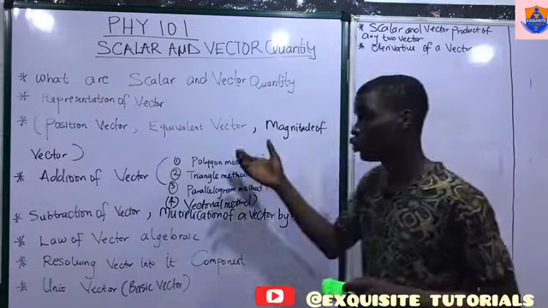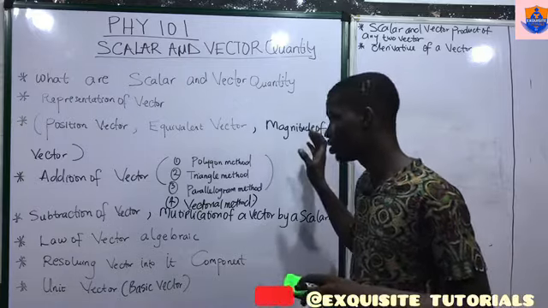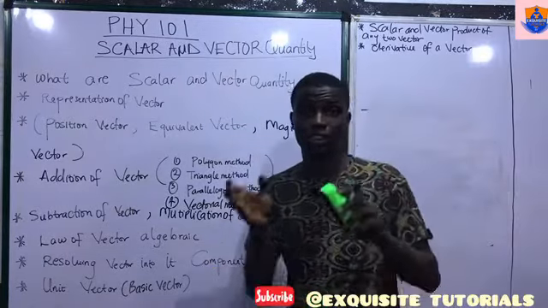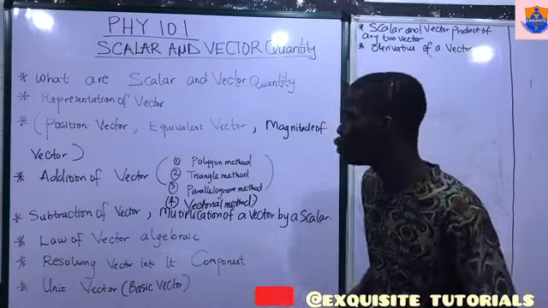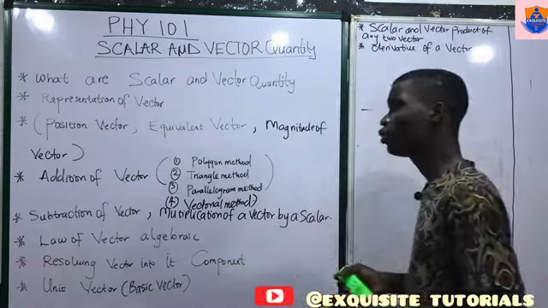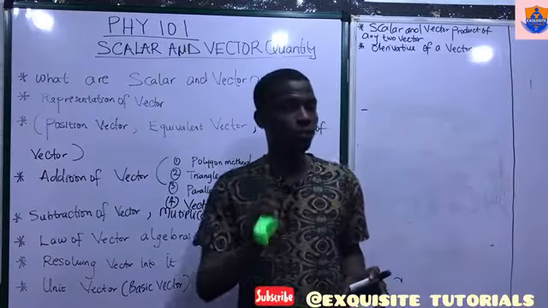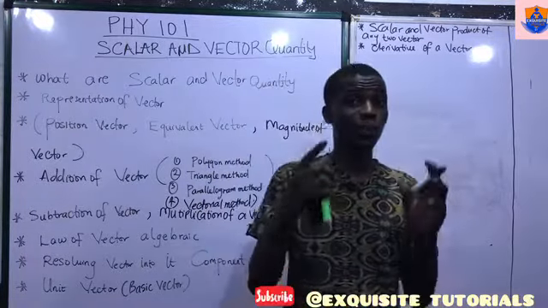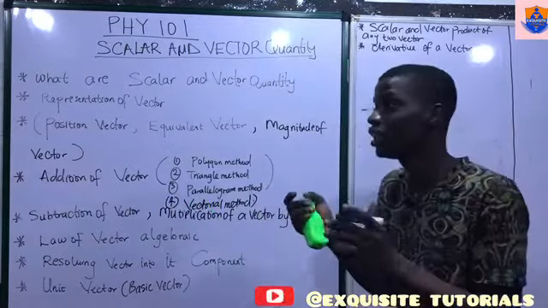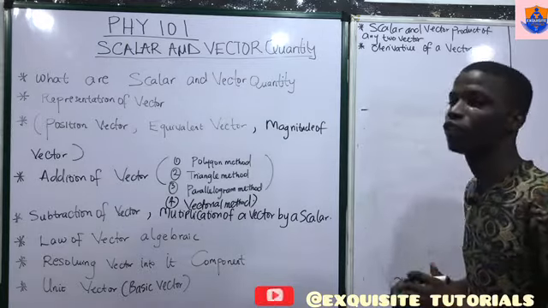I can also use the graphical method to add a vector, but that doesn't guarantee that you get a definite answer at the end. So take note, the polygon method is majorly favorable when it has to do with more than two vectors. When you are trying to add more than two vectors together, that's when you are expected to use the polygon method.